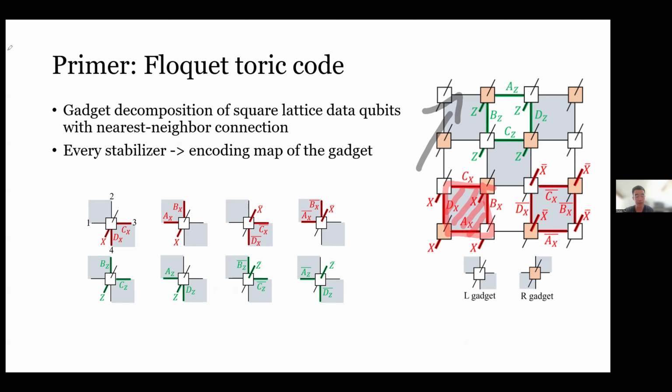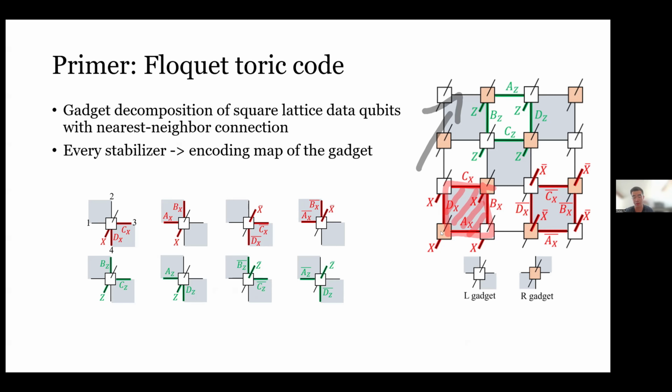Let's follow the intuition that the gadgets are local encoders, and they measure the desired stabilizer and generate a set of new ones. For example, we can focus on these 4-body X stabilizers. They should be mapped to these bond operators that connect the 4 gadgets that are shaded here. Let's give these bond operators some names.